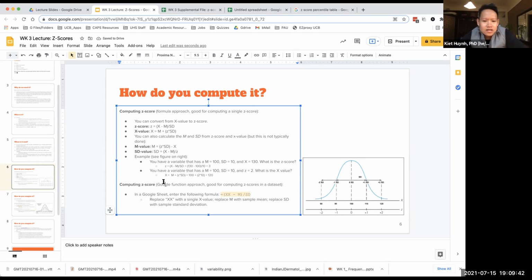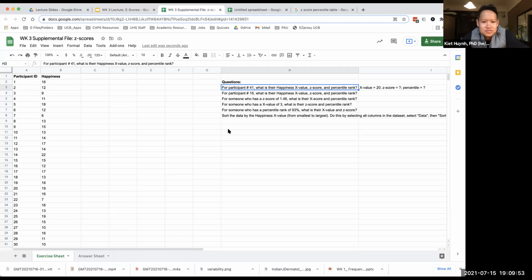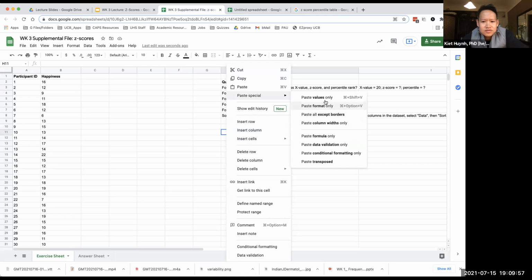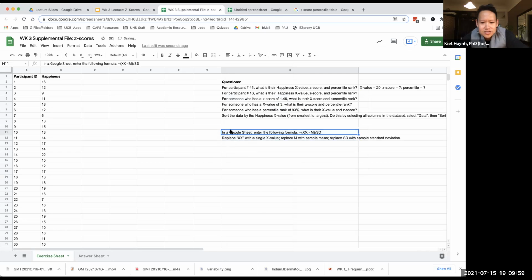Okay. This method is good for the data set. We have a data set, right? Remember, let me copy and paste this instruction. So you see it here. Okay. In Google Sheets, enter the following formula. Equals (X minus M) all over SD.